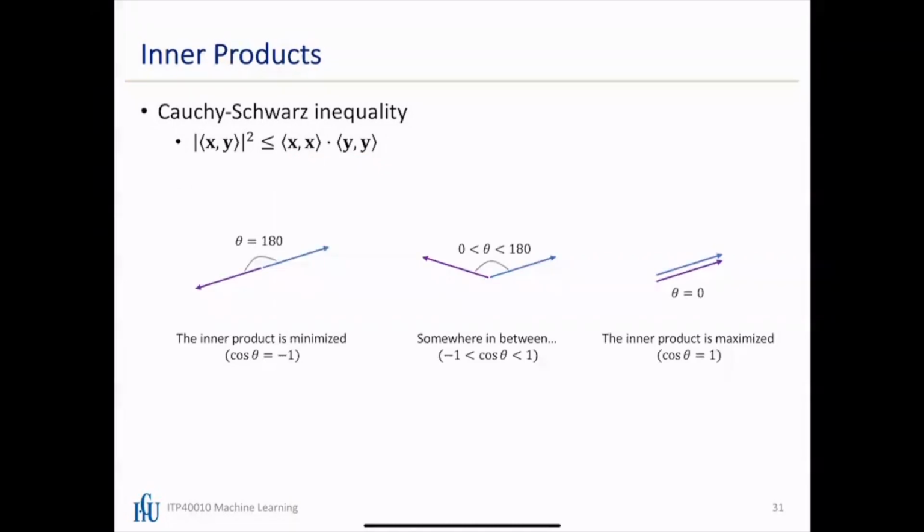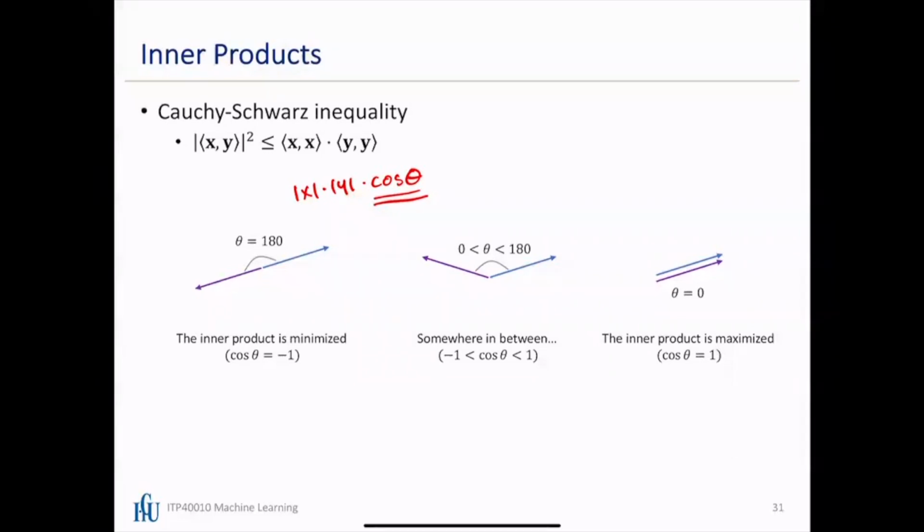And at the end of the day, the result can be summarized in this way. So we are speaking of the angle, and inner product could be obtained using this way. The angle is very important to decide the value of inner product. And we can make some kind of conclusion out of lots of aspects.